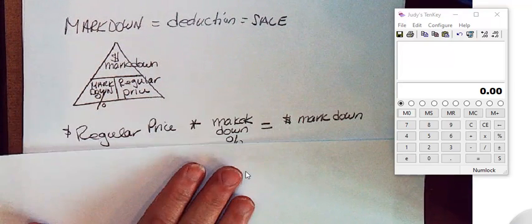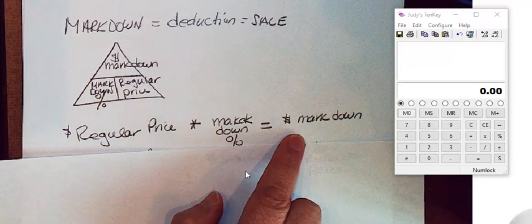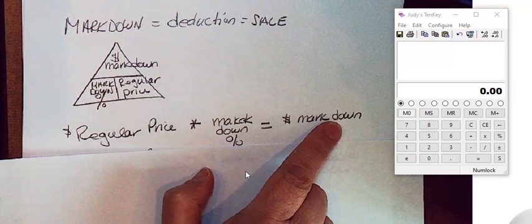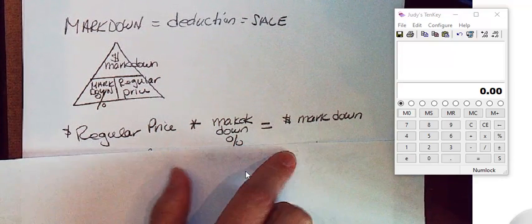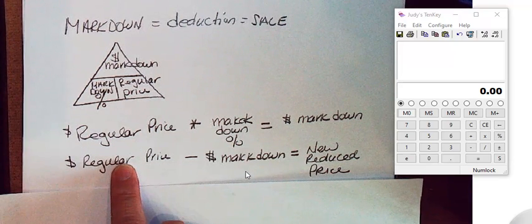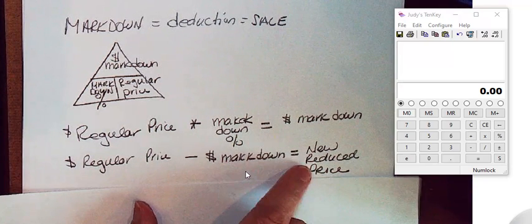Regular price, how much am I going to mark it down? And then the regular price minus the dollar markdown gives you your new reduced price.